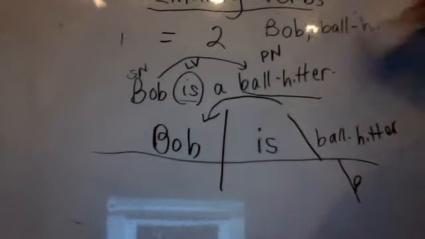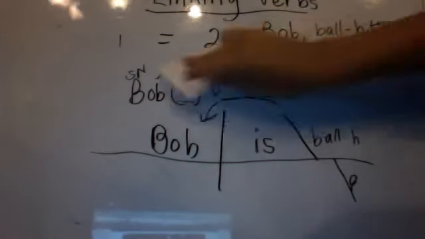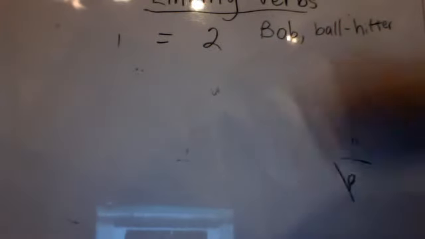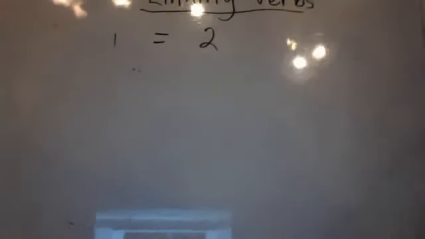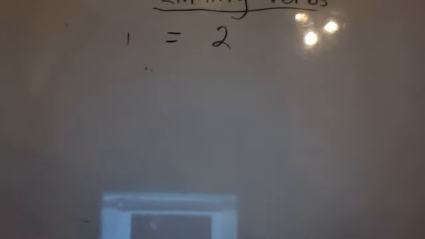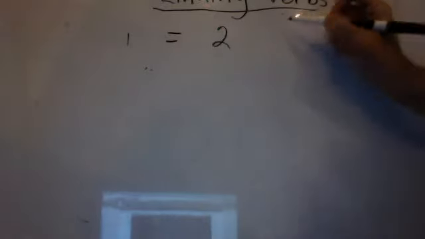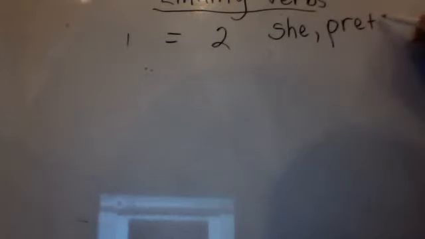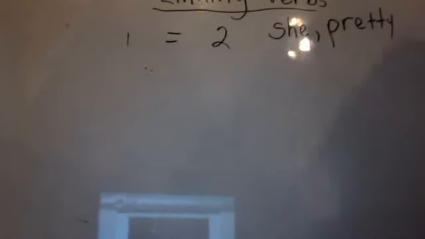Okay, let me show you the same concept using an adjective. We'll have our two words. She and pretty. We're wanting to link these two words together using a sentence. She equals pretty, you could say.